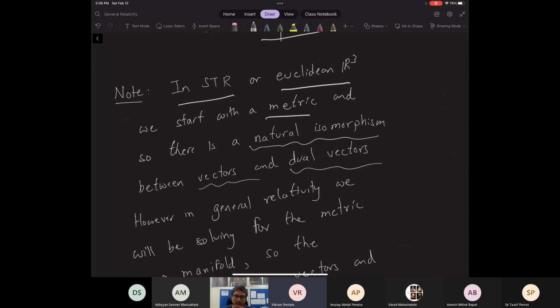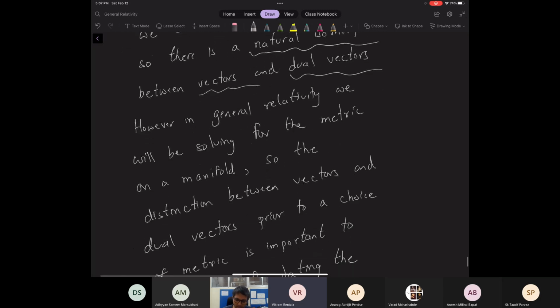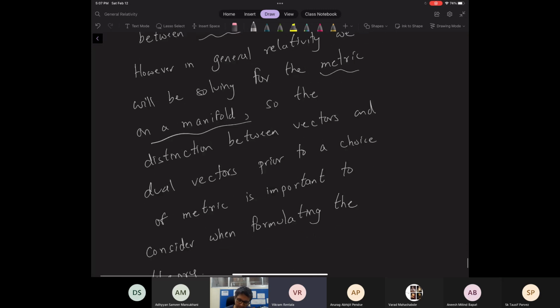However, in general relativity, we don't know what the metric is. We're trying to solve for the metric, to find the distance measure between 2 points on a manifold. So it's important to keep the distinction between vectors and dual vectors clear, because before you impose a metric on the spacetime, these are different concepts and there's no natural isomorphism between them.